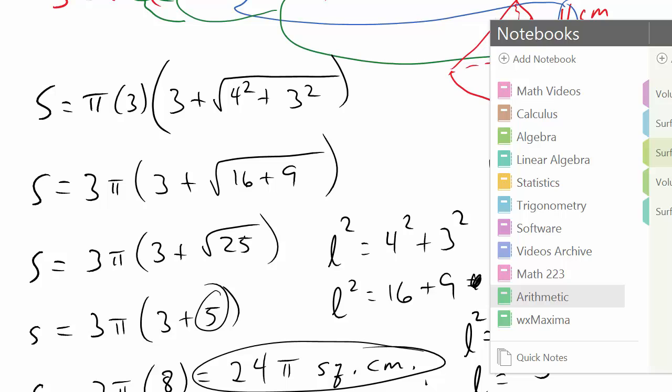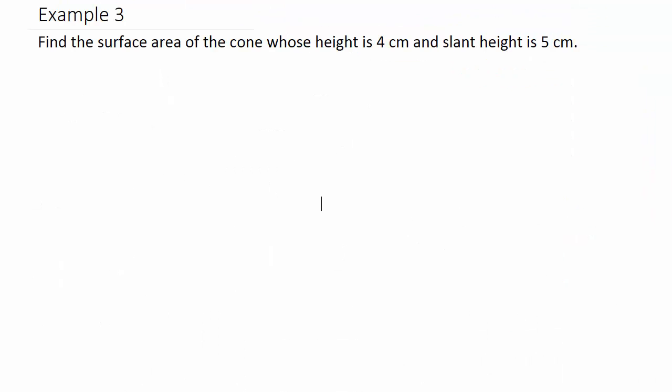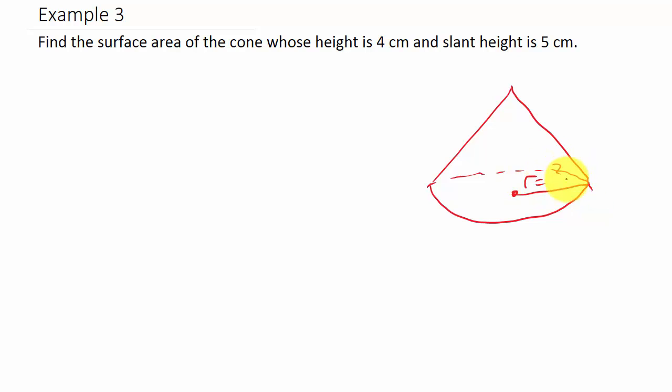All right, let's take a look at one more. It says find the surface area of the cone whose height is 4 centimeters and slant height is 5 centimeters. Oh, well, let's draw this out. Let's see what they gave us here. All right, so here we have the radius. Well, look at that. We don't know what the radius is, do we?